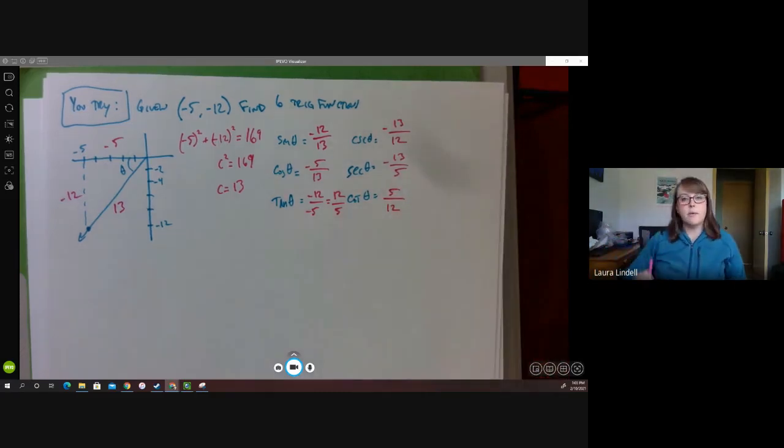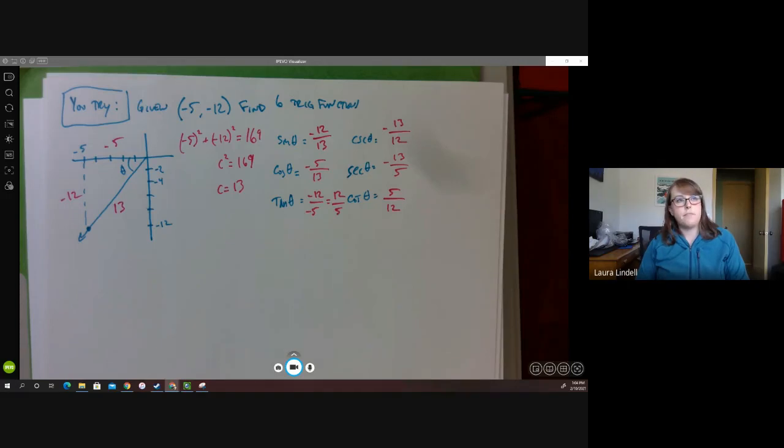So that's the only one that we have to be a little bit careful on here, making sure that we keep our positives and negatives straight, and that when we have a negative over a negative, we simplify it and make it a positive. So that's really the thing you have to be careful of, mainly in the third quadrant. The other quadrants don't tend to have that issue. It's really a third quadrant thing because a lot of things are negative there.